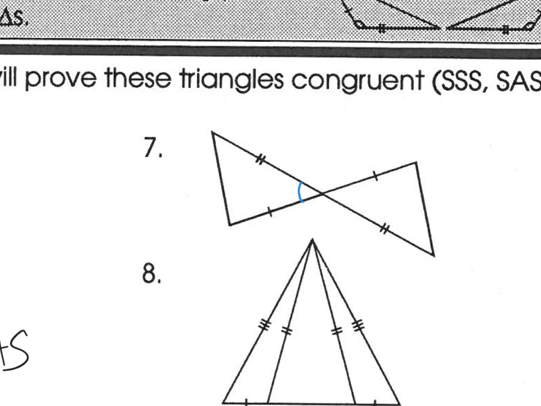So this angle right here is congruent to this one because of properties of geometry. Now you know enough information to prove that these two triangles are congruent. You can say this side, the included angle, and this side match up with this side, the included angle, and this side. And you can use side angle side to prove those two triangles congruent.